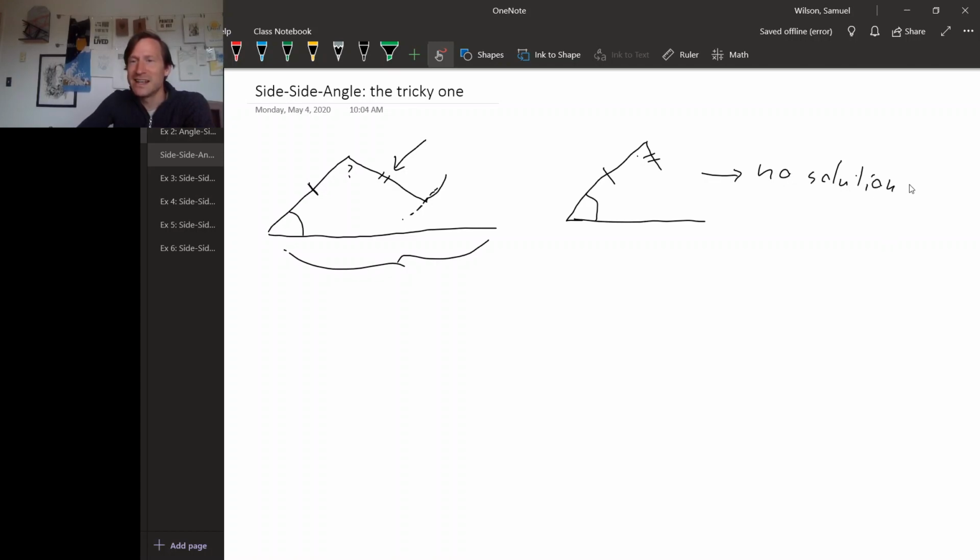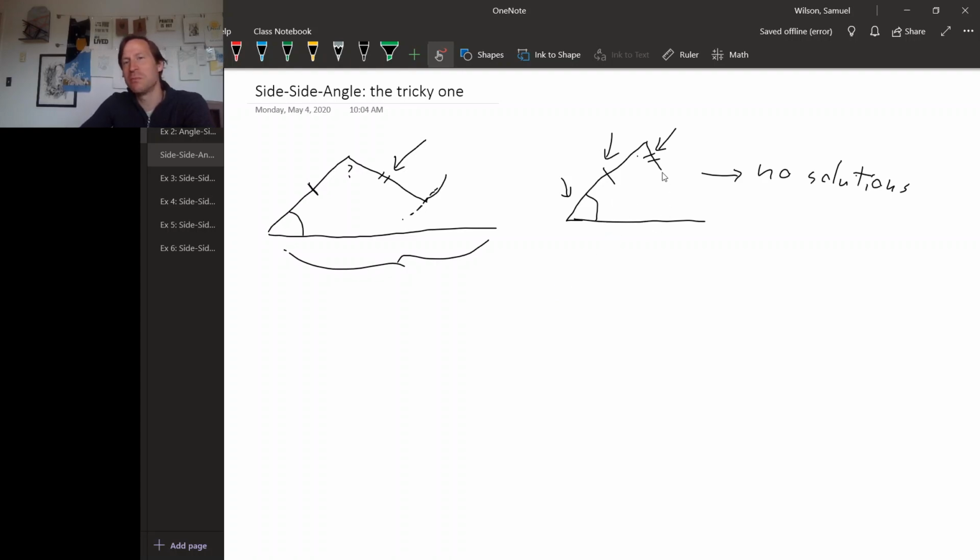What I mean by that is there are no actual triangles that satisfy these measurements, the initial angle, side, and other side. So it's possible that there aren't any triangles from this combination of measurements.